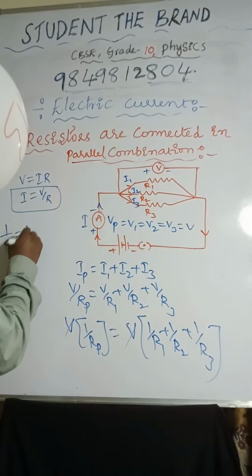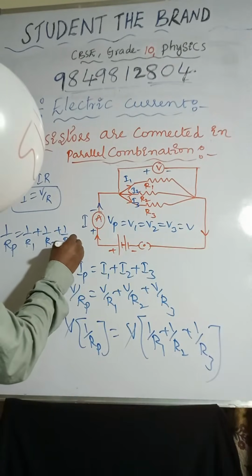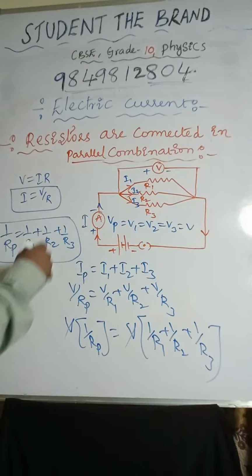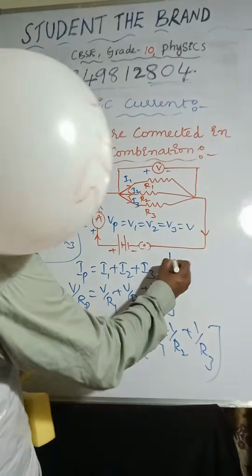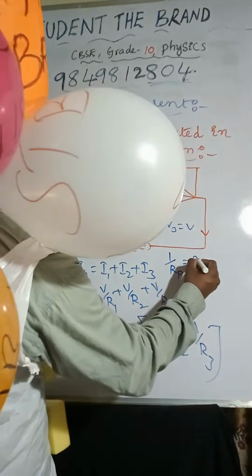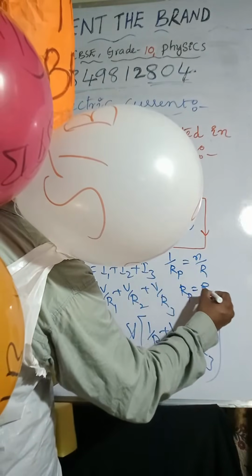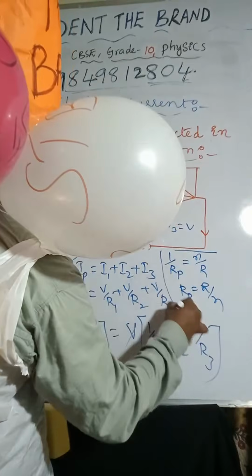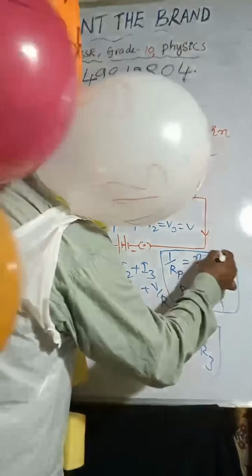V gets cancelled. If n number of resistors are connected in parallel combination, 1 by Rp equal to n by R. So Rp equal to R by n. Once again, check here.